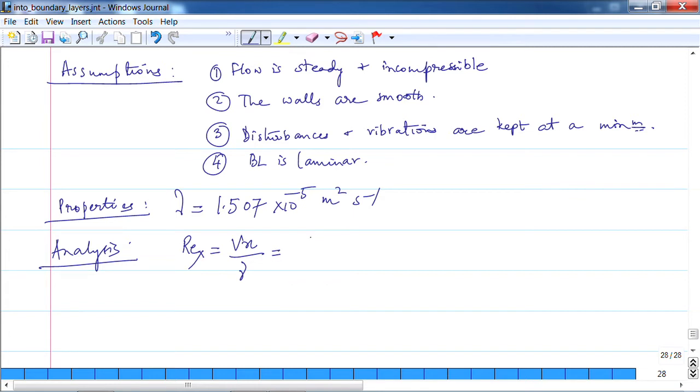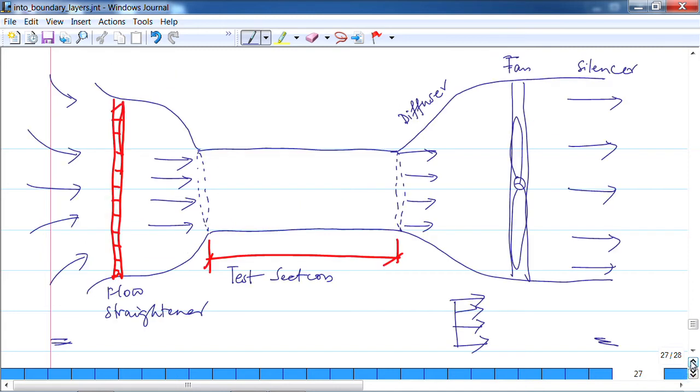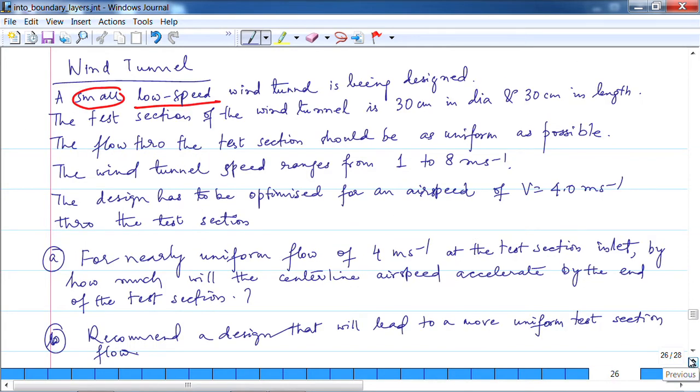In this particular case, what is V? V is the incoming velocity which is given to us to be 4. What is x? X is the distance which is traveled. What is given to us is that the test section of the wind tunnel is 30 centimeters diameter and 30 centimeters in length.